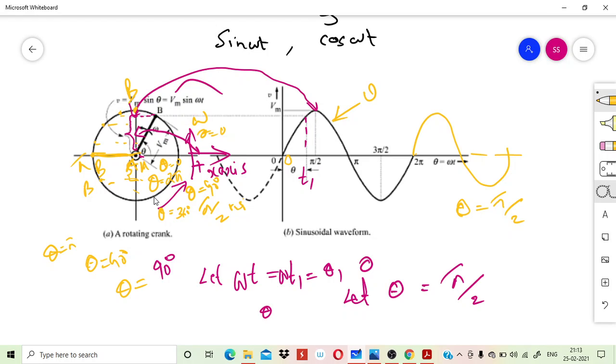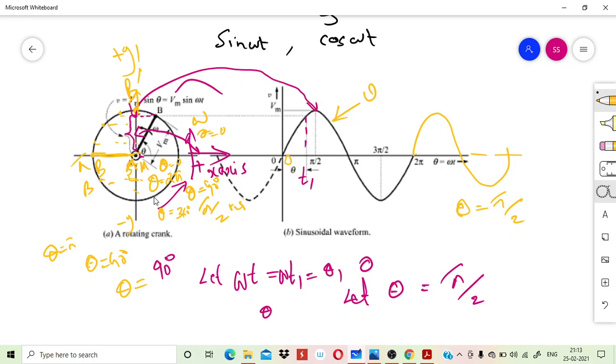Or similarly you can model the cosine waveform also. Okay, in that situation this phasor will be starting from the positive y-axis, plus y, and this is minus y.